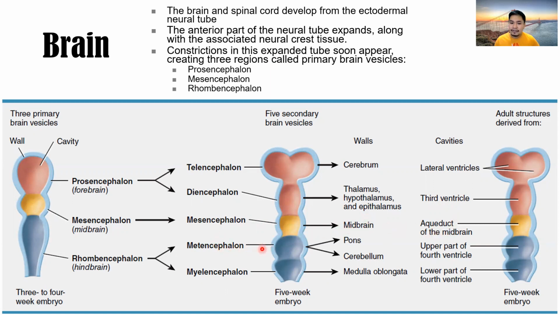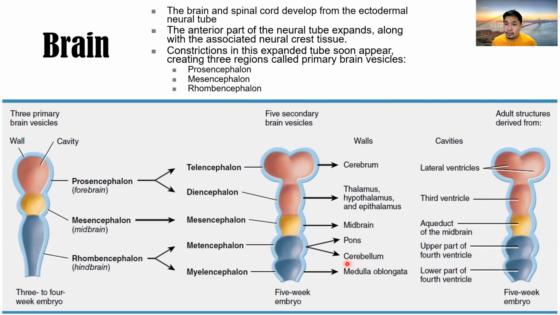Your metencephalon will develop into your pons and cerebellum and the upper part of the fourth ventricle, and your myelencephalon will develop into your medulla oblongata and the lower part of the fourth ventricle. So here are the cavities wherein the cerebrospinal fluid will be present in our brain.